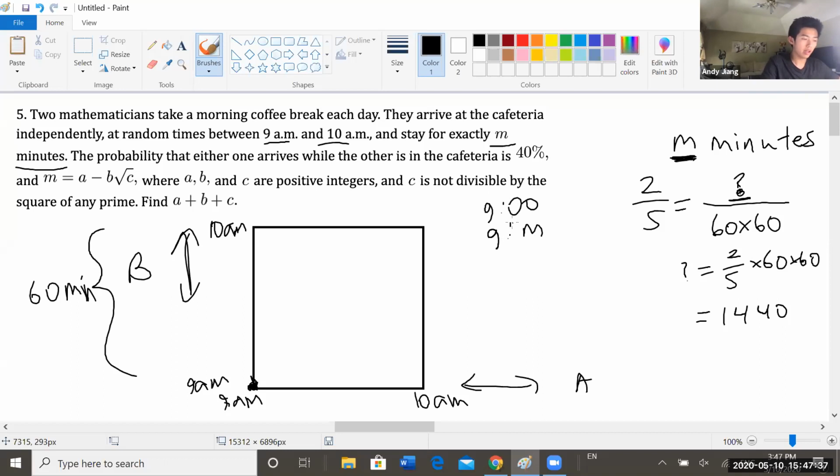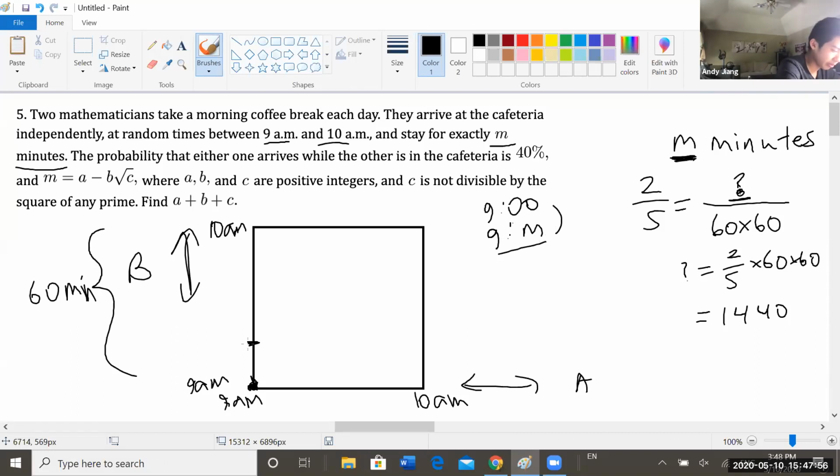For them to meet, person B has to arrive between these 2 points. Otherwise, if person B arrives after 9 plus m, then there's no way they're going to meet at all.